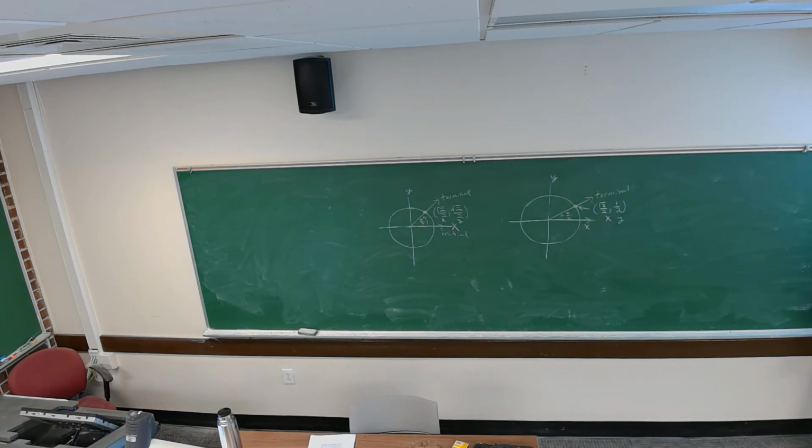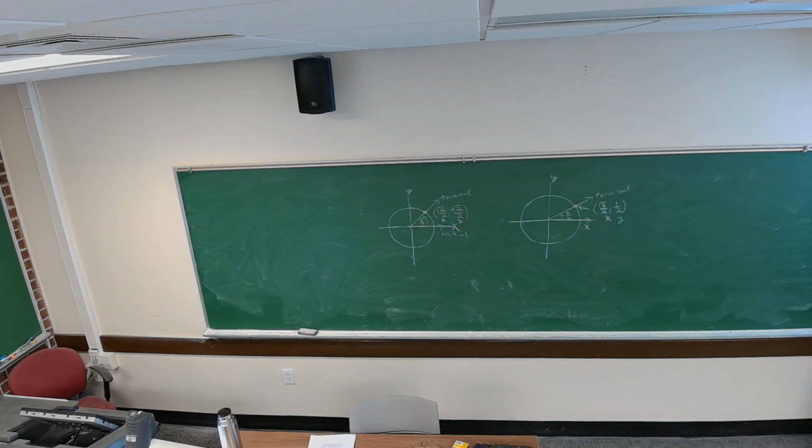Are you familiar with the word congruent? Okay, from geometry. So for every acute angle between the terminal side and the x-axis, there's a congruent angle in the first quadrant. So the terminal side for the congruent angle will always be in the first quadrant.